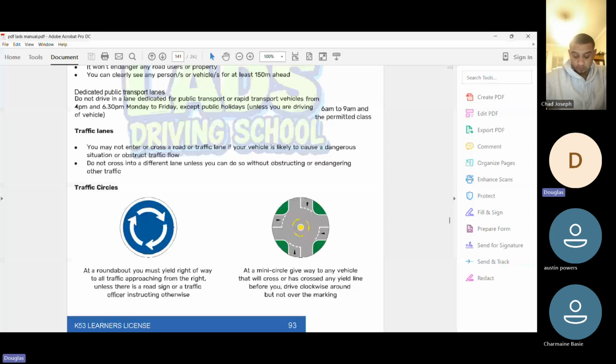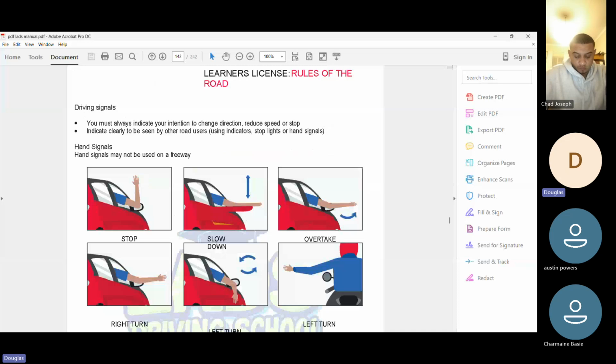Okay, we're continuing. In rules of the road, there are certain things that are permitted and certain things that are not permitted. If you're driving your vehicle, you're not permitted to have your hand or any part of your body outside of the car. If your hand is sticking outside of the car, it could only be for one reason.